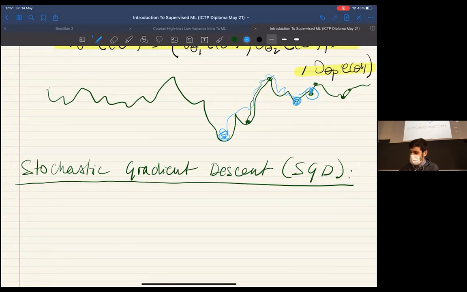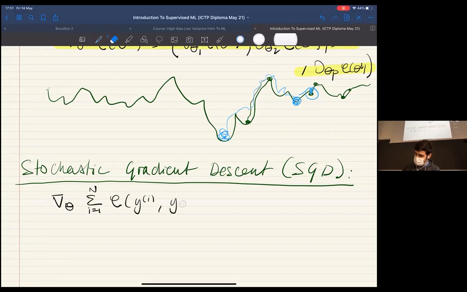The idea is very simple. It's just to say that instead of computing in gradient descent the gradient with respect to the whole cost function, which again is in this form, this is our model prediction.